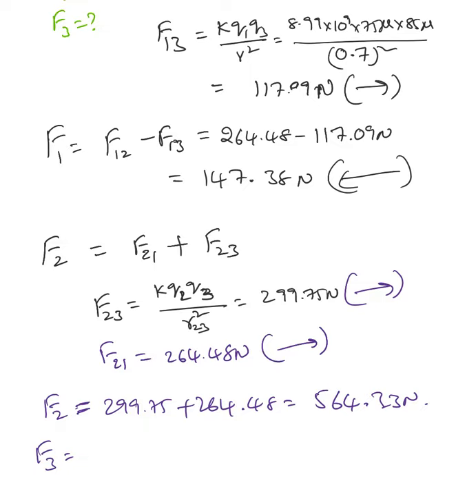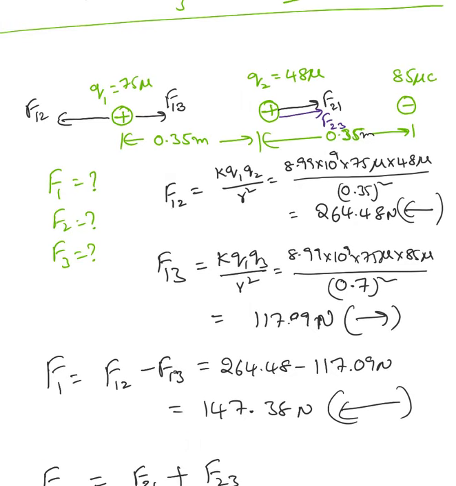Force on 3, okay, if you look at the force on 3, F31 is going to be an attractive force. My apology, I put it in the wrong direction. So this is a positive and negative charge, it will attract, and because of this charge also it will attract.